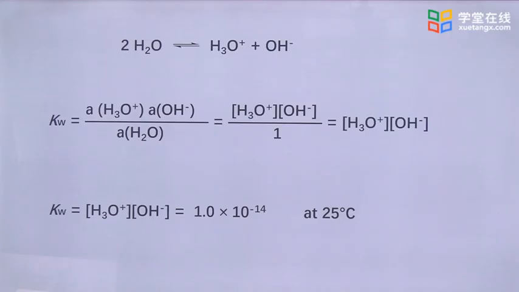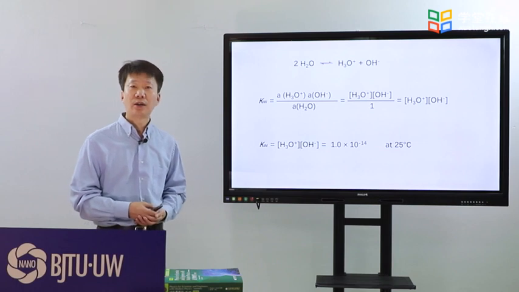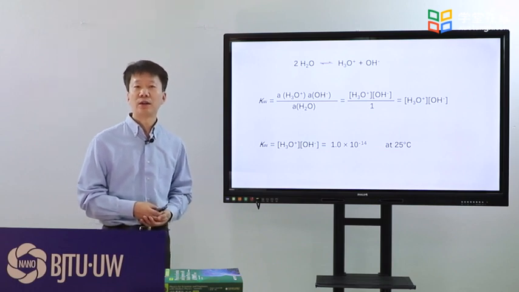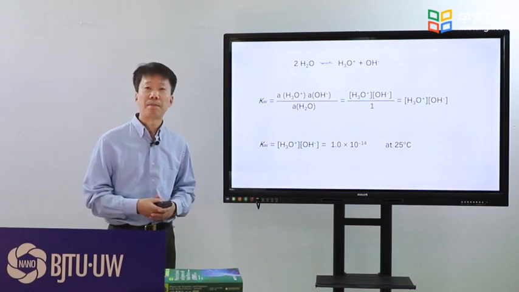The content of a proton and OH- in water is very low, so the activity values are replaced with concentration values. And the activity of pure liquid water is 1. Then finally, Kw equals the concentration of a proton times the concentration of OH-.